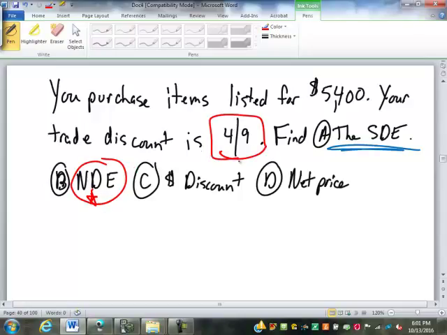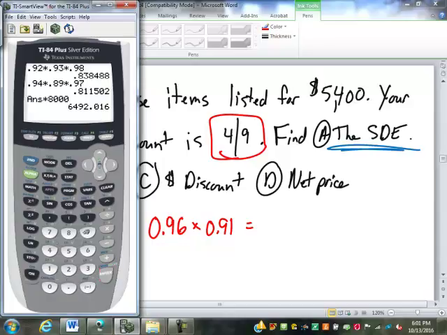Well, from my trade discount. 4% gives me 0.96. And the 9% is 0.91. We multiply those together. 0.96 times 0.91 is 0.8736.